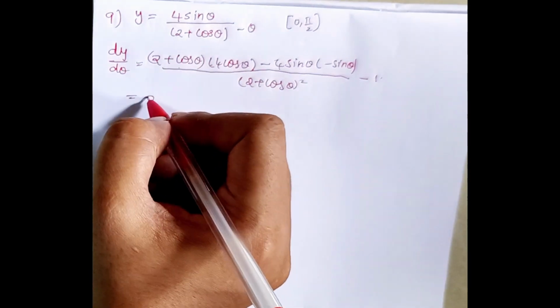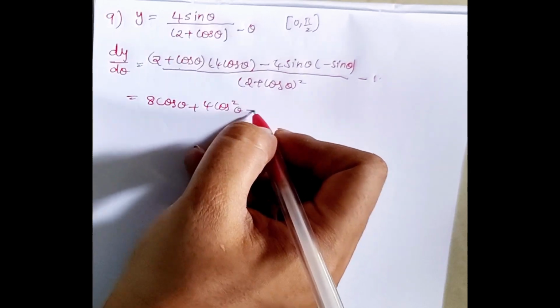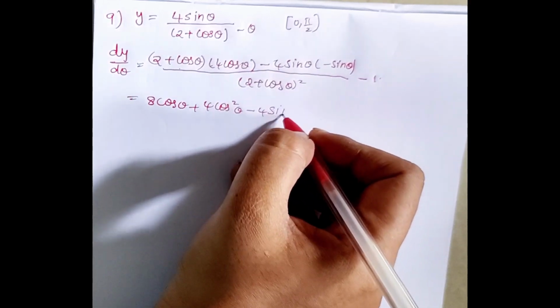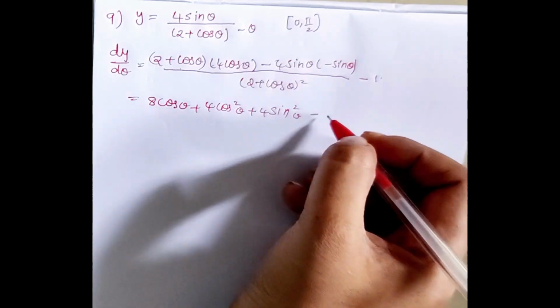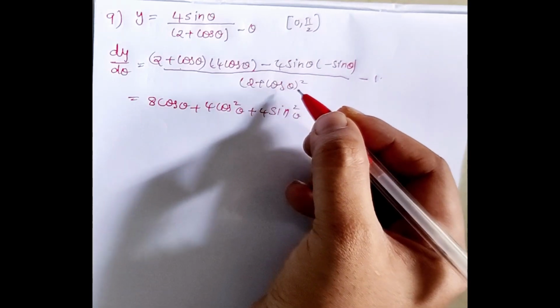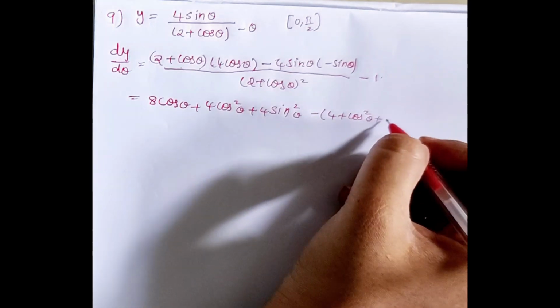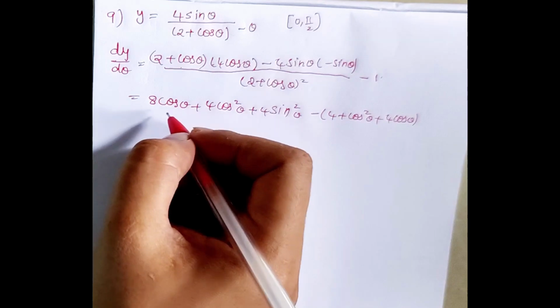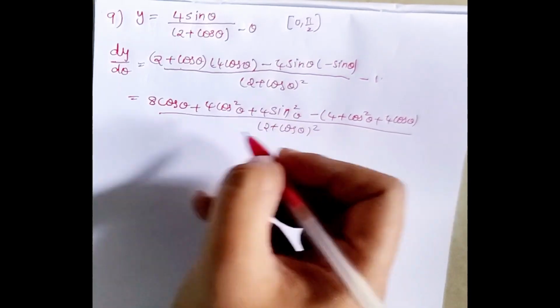We'll multiply here. 2 4s are 8 cos theta, and here it is 4 cos square theta, minus into minus plus 4 sin square theta. When we take the LCM, we'll expand inside. 1 into 2 plus cos theta the whole square will give the same: 4 plus cos square theta plus 4 cos theta, the whole by 2 plus cos theta the whole square.